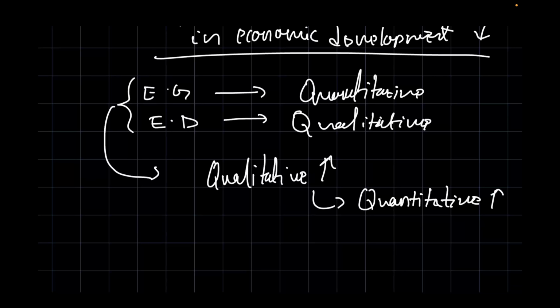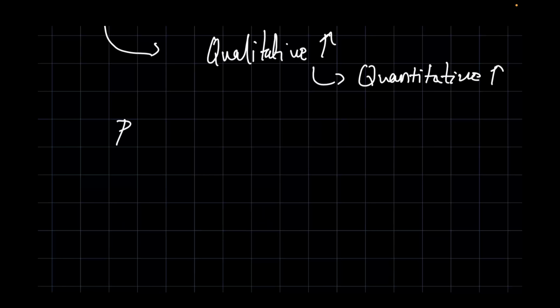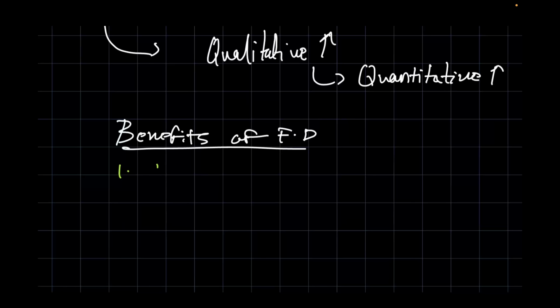So right now, let us look at the benefits of economic development, and why economies want them. Number one, whenever you have increased economic development, you have better living standards, both in your present and in your future.